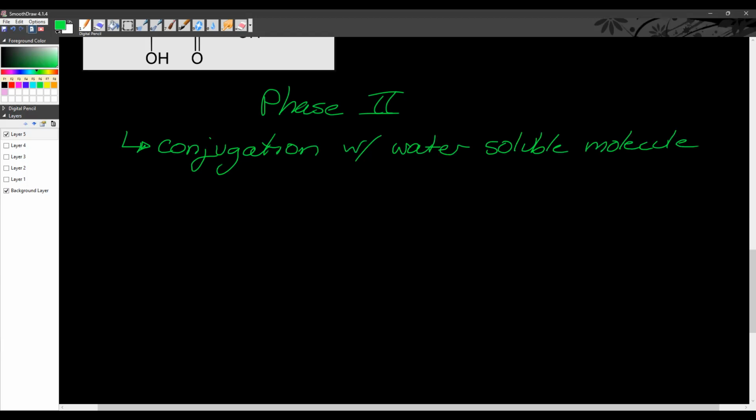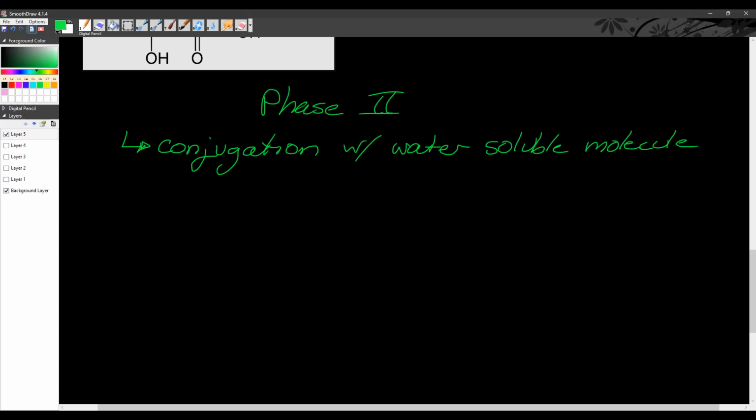You guys are not going to be quizzed on, or asked, of the phase 2 metabolism pathways, which one will occur on this molecule?